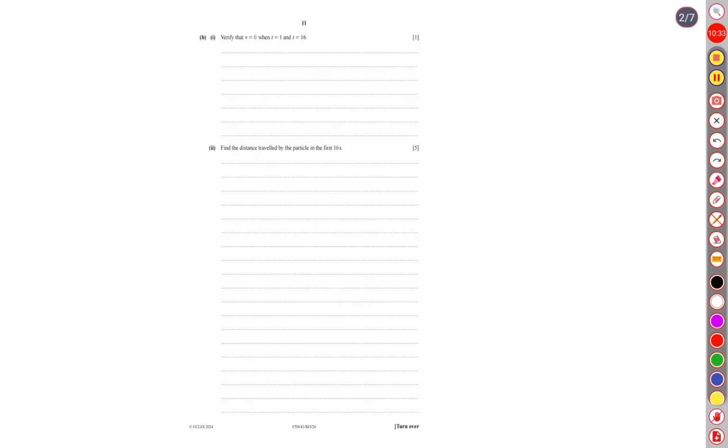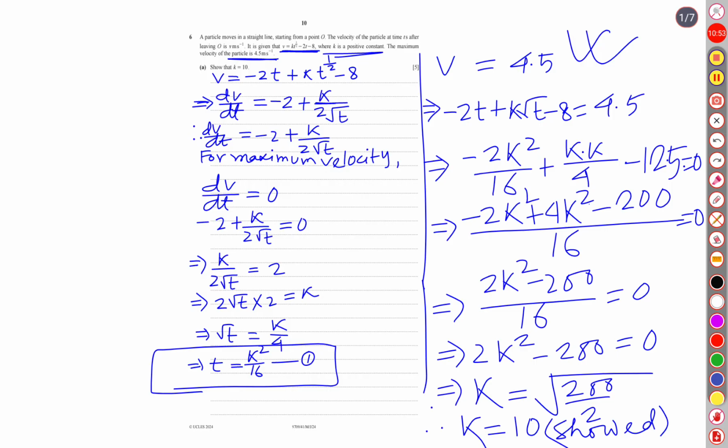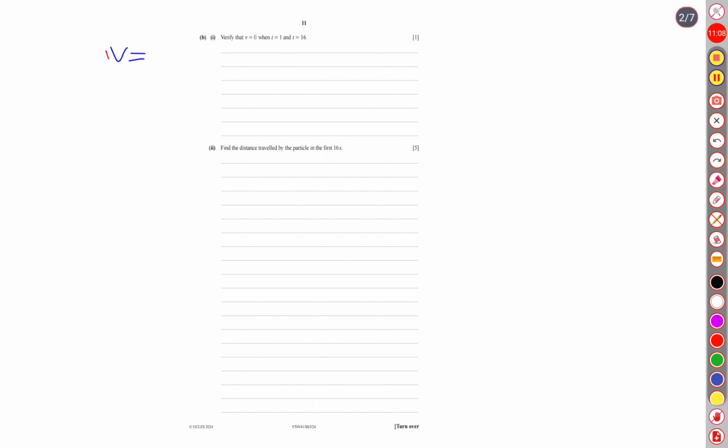Yes, the next question says verify that v is equal to 0 when t equal to 1 and t equal to 16. One of the very easiest questions actually. So v equal to what? V was, if we go back to the previous page, v is nothing but this, minus 2t, we are at this page.